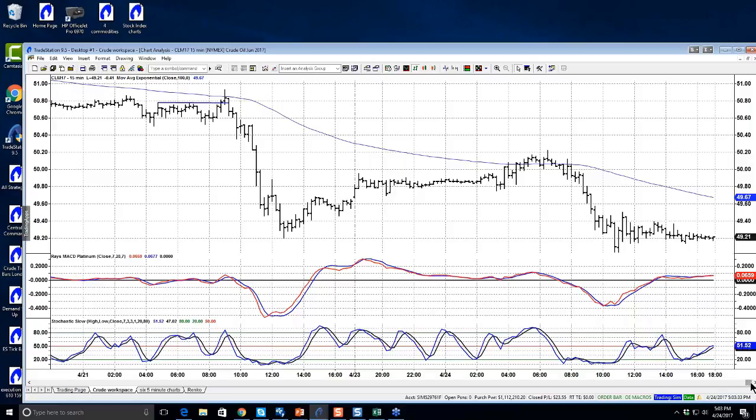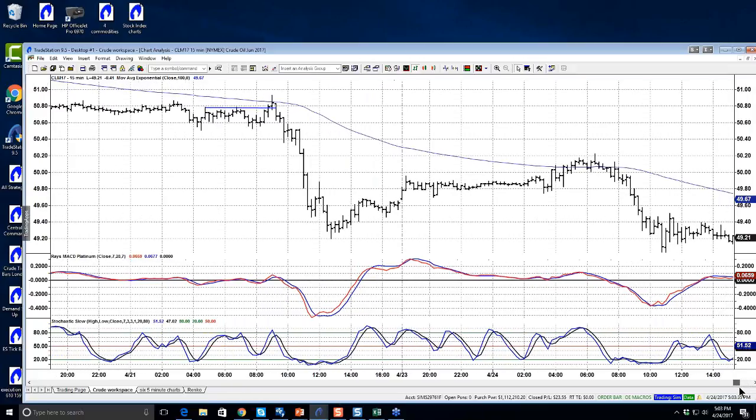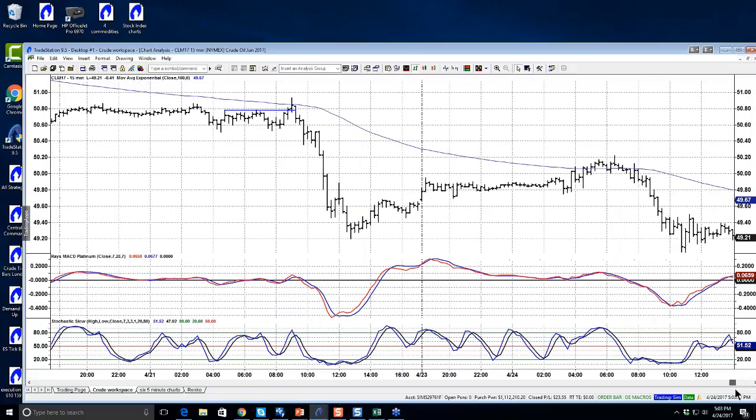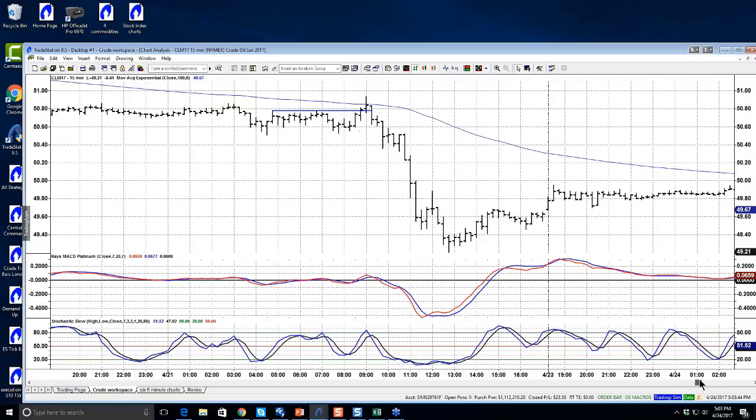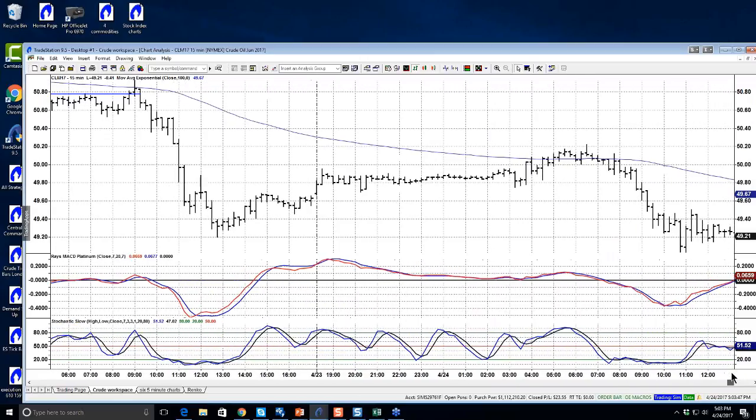And Chris, the other thing is, how do I ignore some of this chop? Take a look at this 15-minute chart. Look at this. This price movement is 2 to 3 hours sideways. How do I avoid getting chopped up?